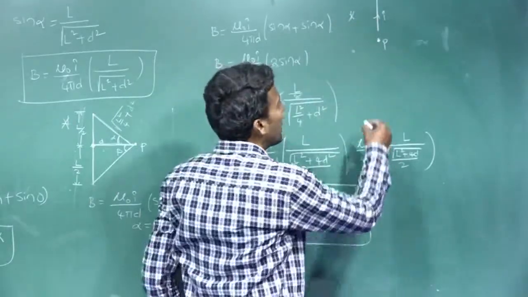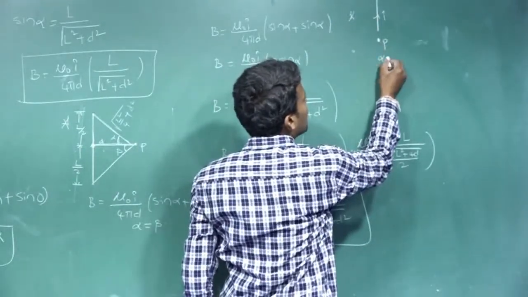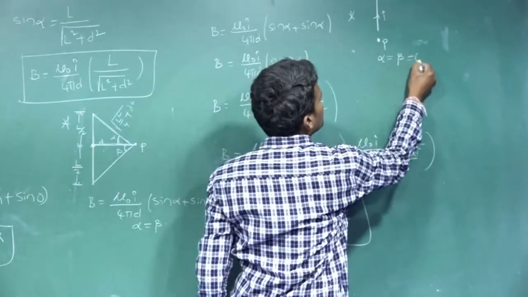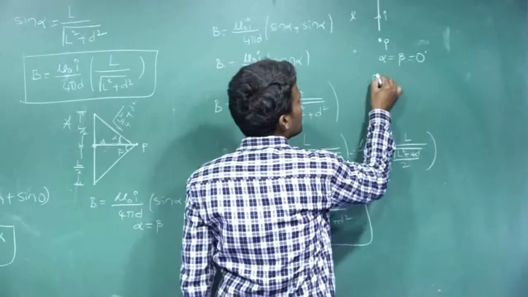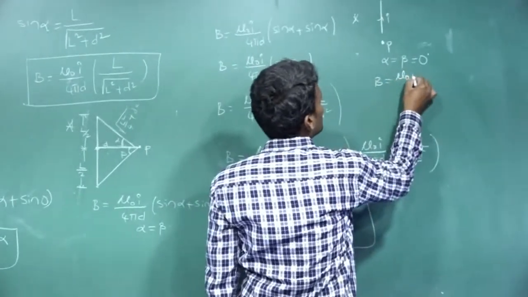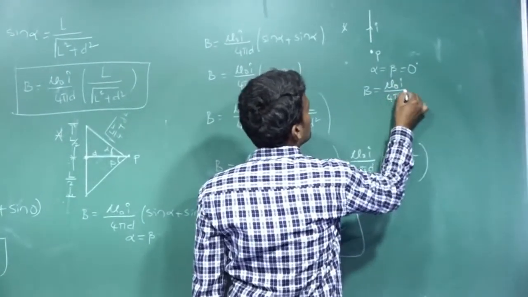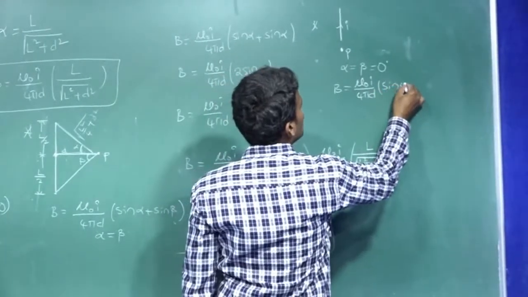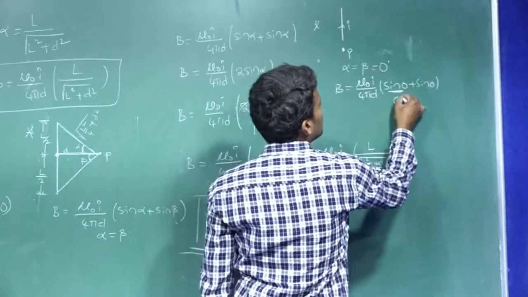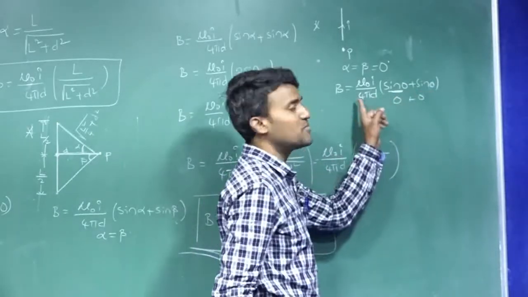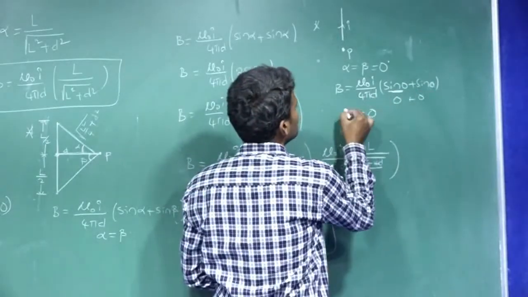When it is taken parallel, alpha and beta are equal to 0. So the formula B is equal to mu naught I divided by 4 pi d, sin 0 plus sin 0, which is 0 plus 0. 0 into something is 0. So the magnetic field is 0.